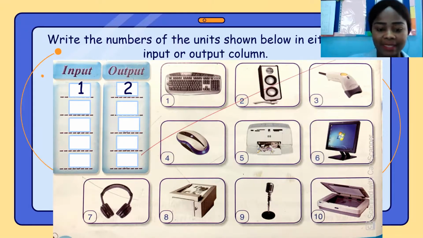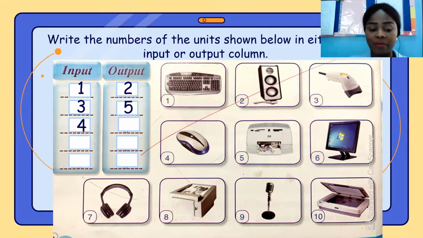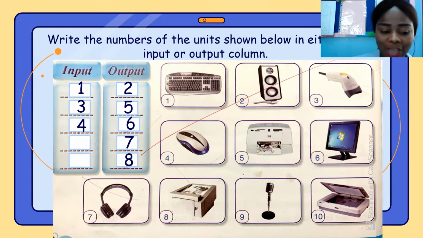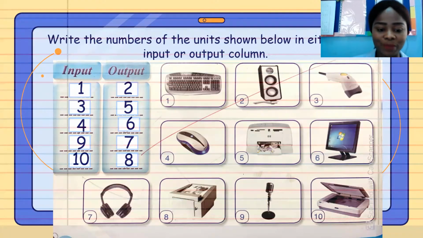Number two is output. Number three is input. Number four is input. Number five is output. Number six is output. Number seven is output. Number eight is also output. Number nine is input. And number 10 is also input.